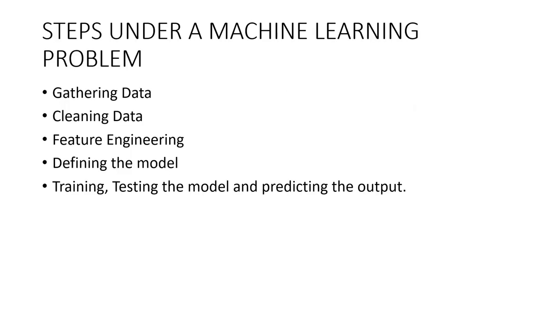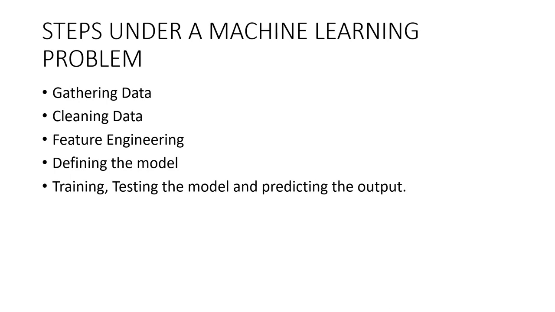These are all the different steps we need to follow when we address a machine learning problem. First one is gathering data, second one is cleaning data, third one is feature engineering. That's what we are discussing now. Then the fourth step is defining the model, then training, testing the model, and predicting the output.